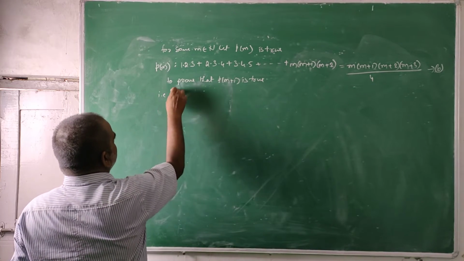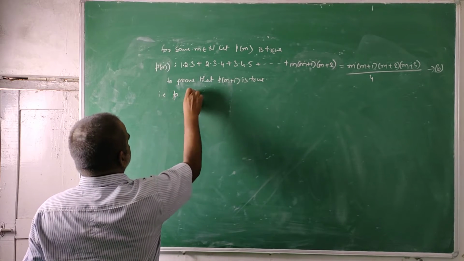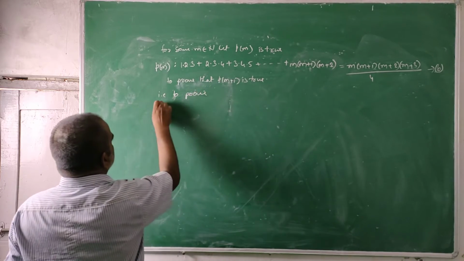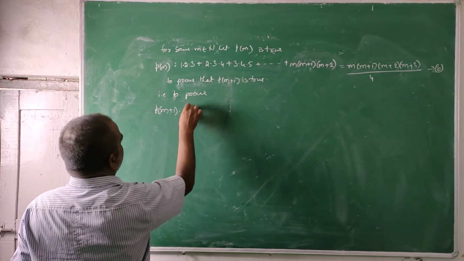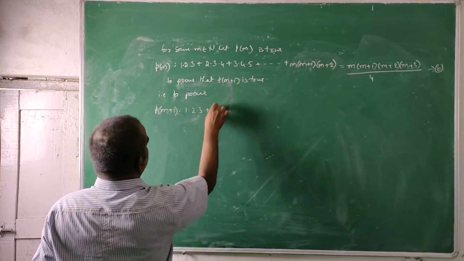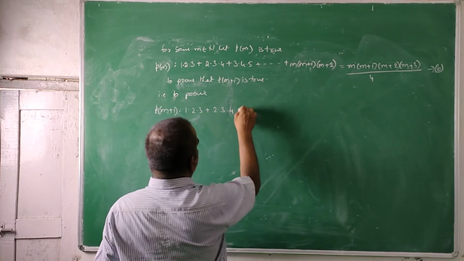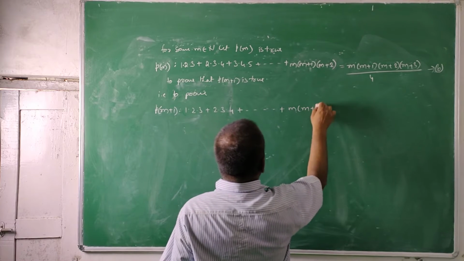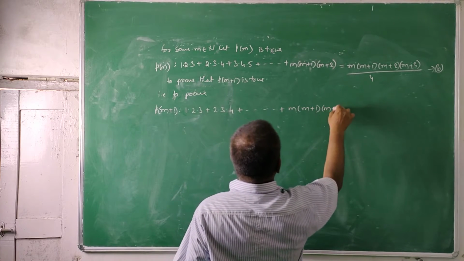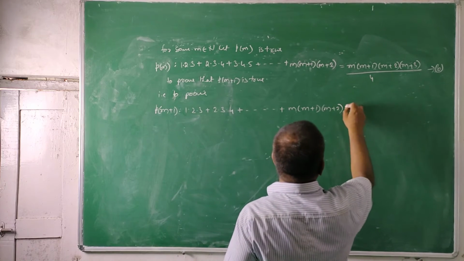Let us write, that is to prove P of m plus 1: 1 into 2 into 3 plus 2 into 3 into 4 plus so on, plus m into m plus 1 into m plus 2, where m has to be replaced with m plus 1.